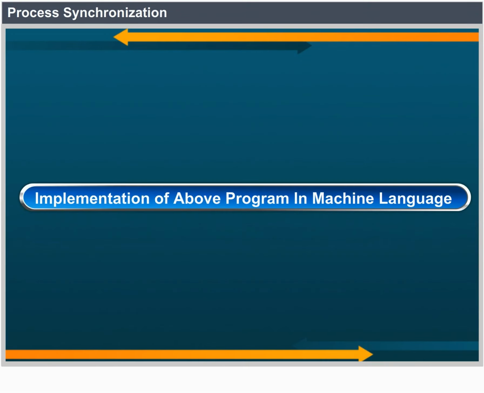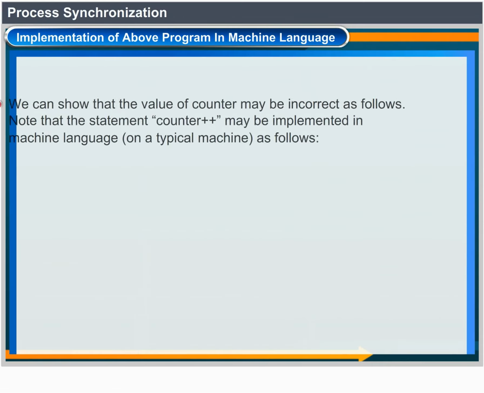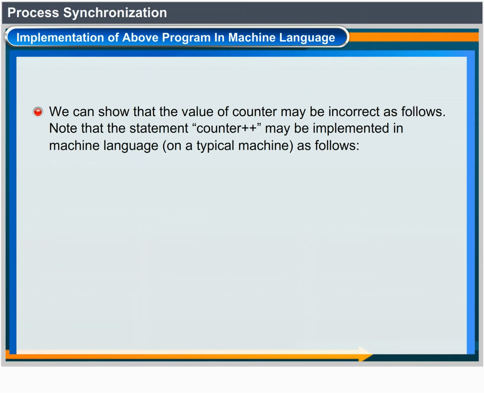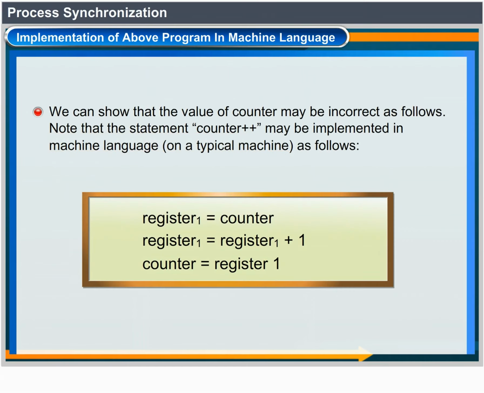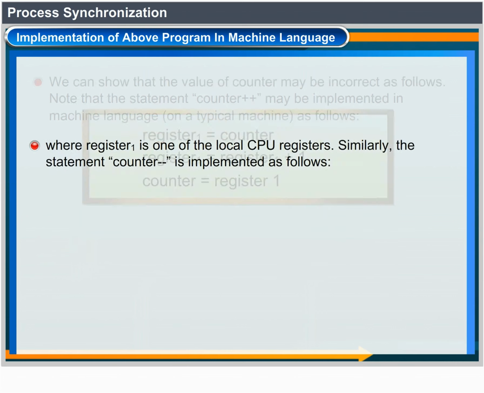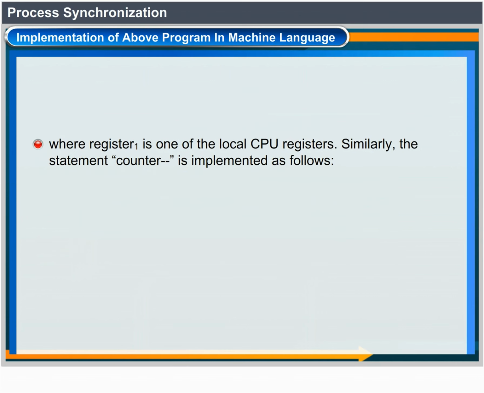Implementation of the above program in machine language. We can show that the value of counter may be incorrect as follows. Note that the statement counter++ may be implemented in machine language on a typical machine as follows: register1 = counter, register1 = register1 + 1, counter = register1, where register1 is one of the local CPU registers.